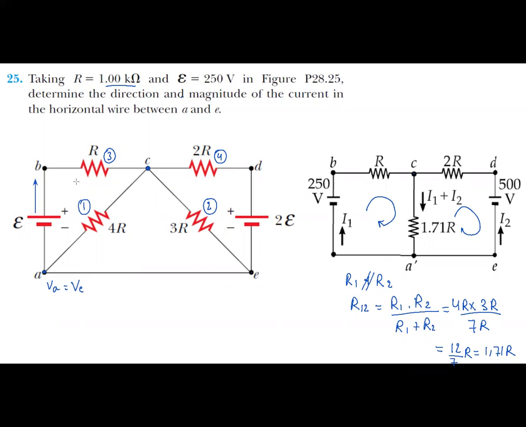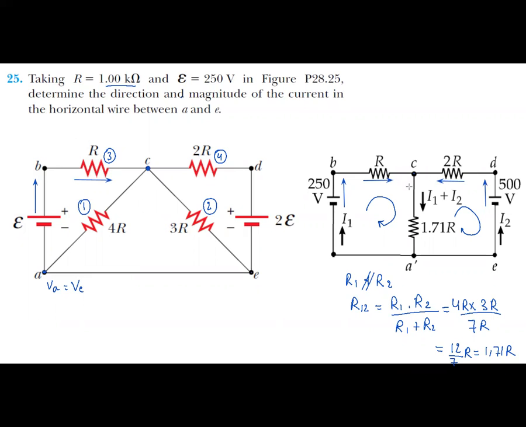Here we have I1 to the right. And here we have I2 up and I2 to the left.